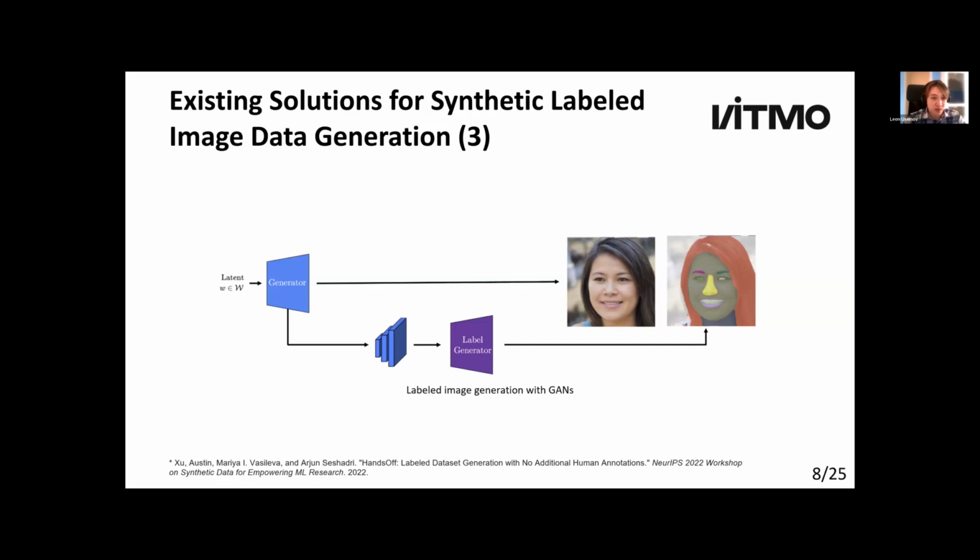But there are problems with GANs. They usually produce less diversity compared to diffusion models. And the other one is that in the paper that was analyzed, there was no solution to put a target object on the image.